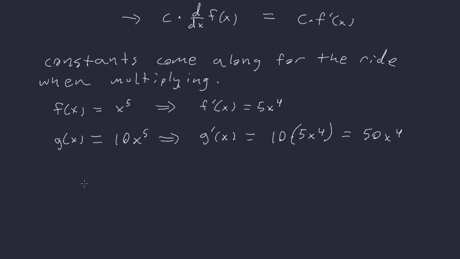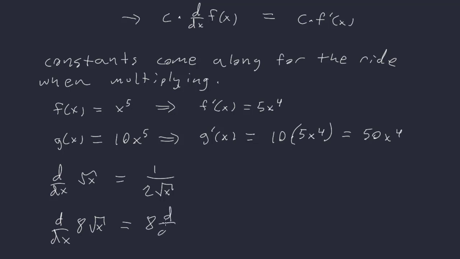Okay, so another example. In our last video, we showed that the derivative of the square root of x is 1 over 2 times the square root of x. So similarly, if we want to take the derivative of, let's say, 8 square root of x, it would simply be 8 times the derivative of the square root of x.